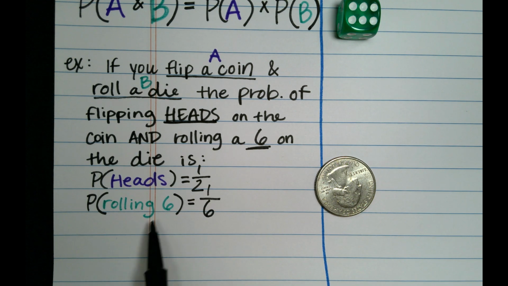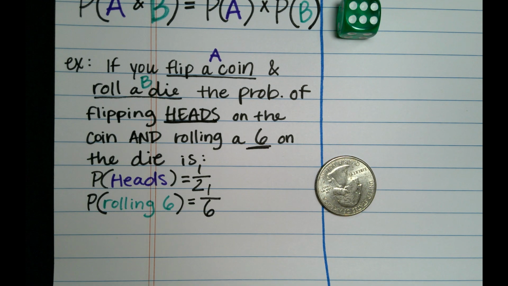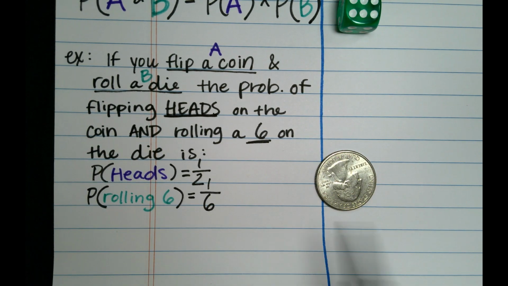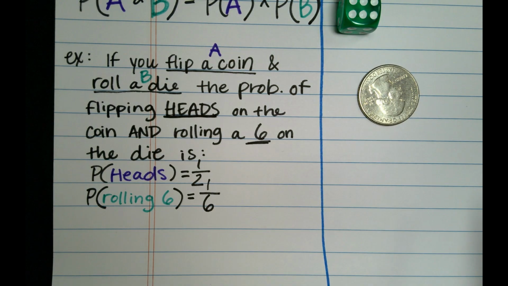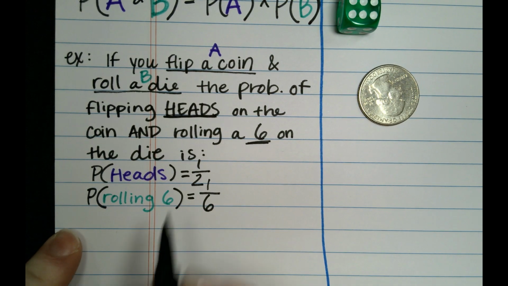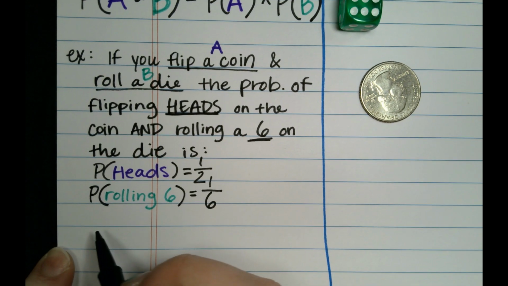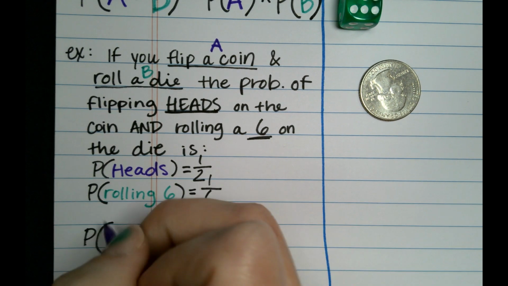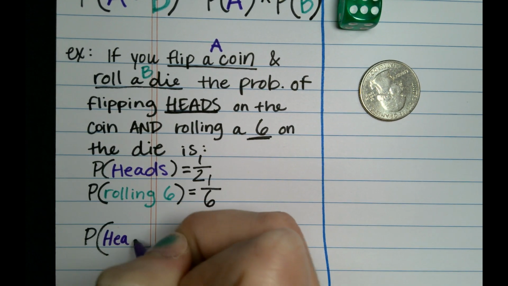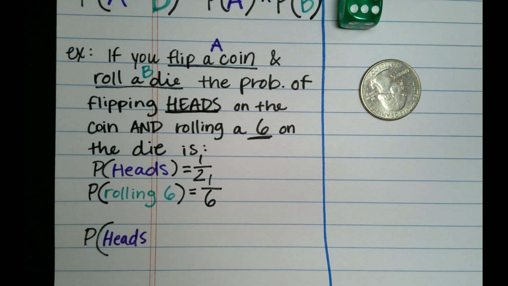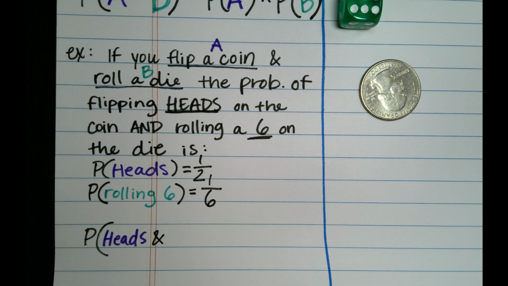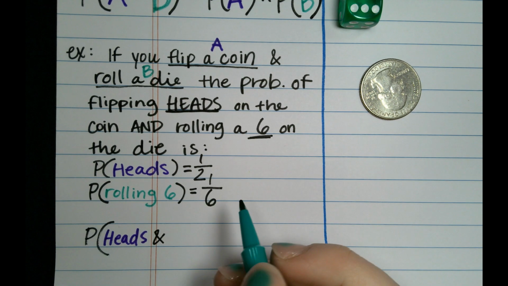The probability of rolling a 6 is 1 out of 6. How could we find the probability of both of these happening? We're going to multiply them, absolutely. So I'm going to write the probability of heads and, I'm just going to write 6 instead of rolling 6.